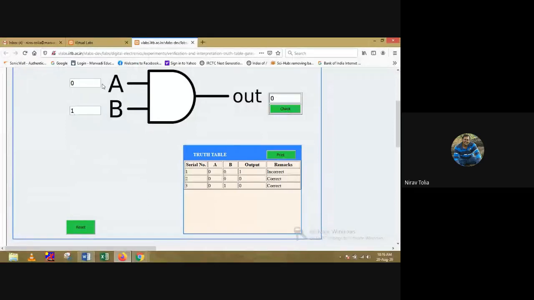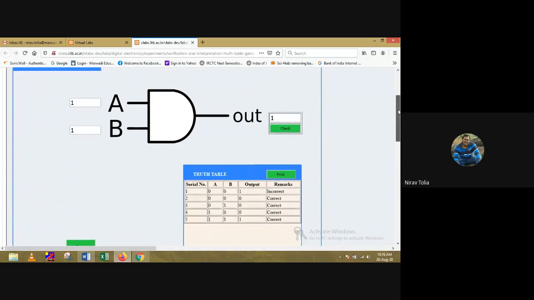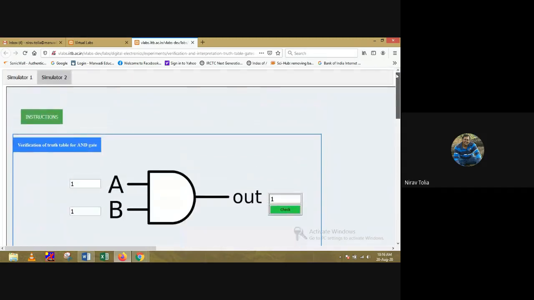If A is 1, B is 0, you can check, and 1, 0 is also 0. And the last one, if both are 1 and my output is 1, you can click on check and it gives you the result. So this is the truth table. You can verify it by yourself also. This is a very easy tool known as the virtual lab. So this is for the AND gate.